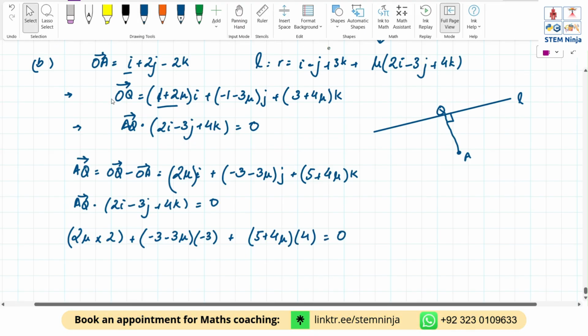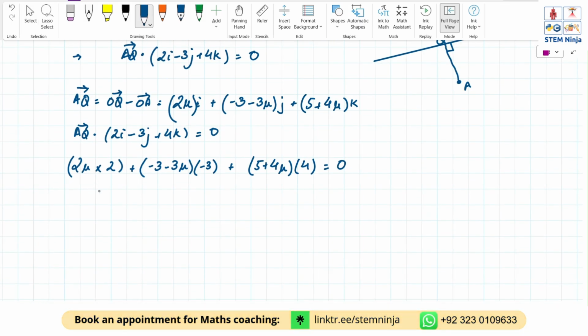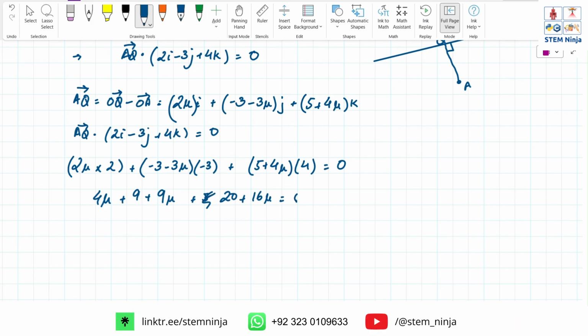Now let's expand and simplify. So this becomes 4 mu. All the signs will become positive because it's minus 3 and minus 3 inside. So this is 9 plus 9 mu, and this will become 20 plus 16 mu equal to 0.